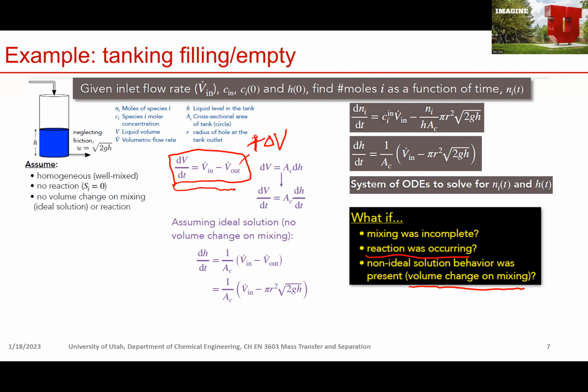That again cannot be solved by hand, unless you have a good model to consider, when this inlet mixes with the existing solution here, what would be the volume change purely because of the mixing itself, not because some liquid is leaving the tank.